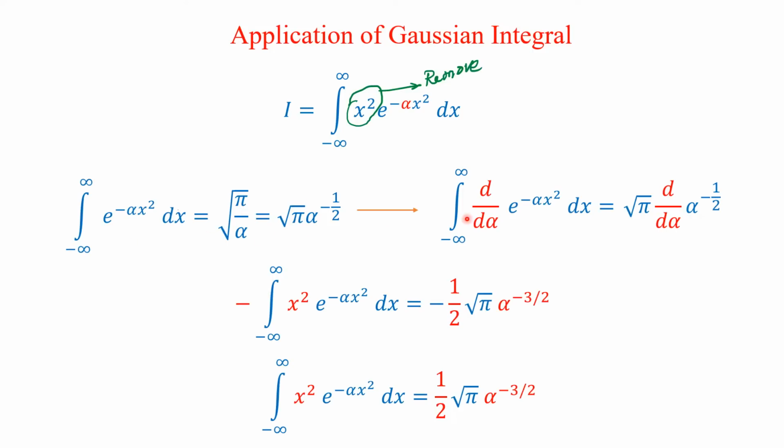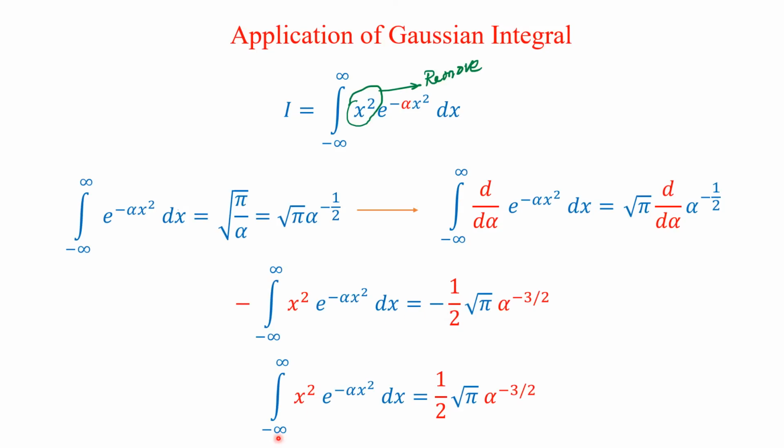Now, what will happen if you differentiate this with respect to alpha? You will get minus x squared e power minus alpha x squared dx. So we removed it, we got it in the other form. Then you differentiate the right side, you will get minus half times alpha power minus 3 by 2. So here the minus signs both get cancelled.